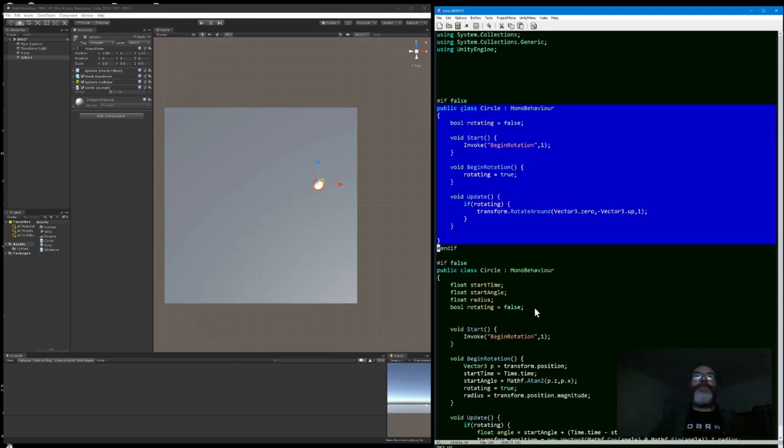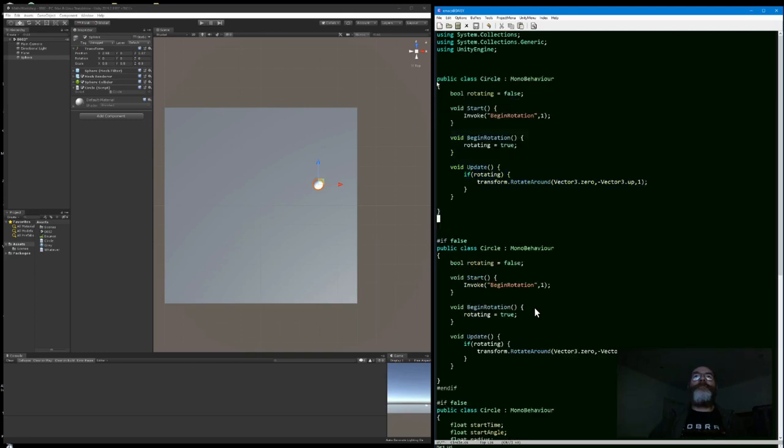So the next version of this is one that is stateless, and by that I mean I just set the rotation at every frame. So I can't use this rotate around anymore. What I have to do is just figure out rotation equals something. What's it going to equal?